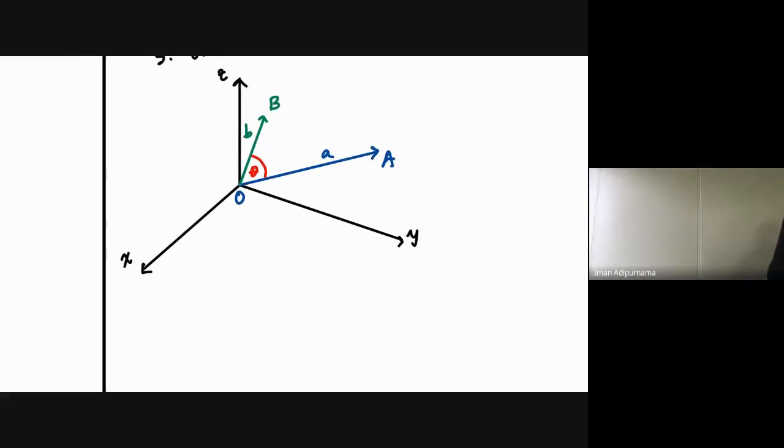So let's write some notes for the angle. Let theta be the angle between A and B.